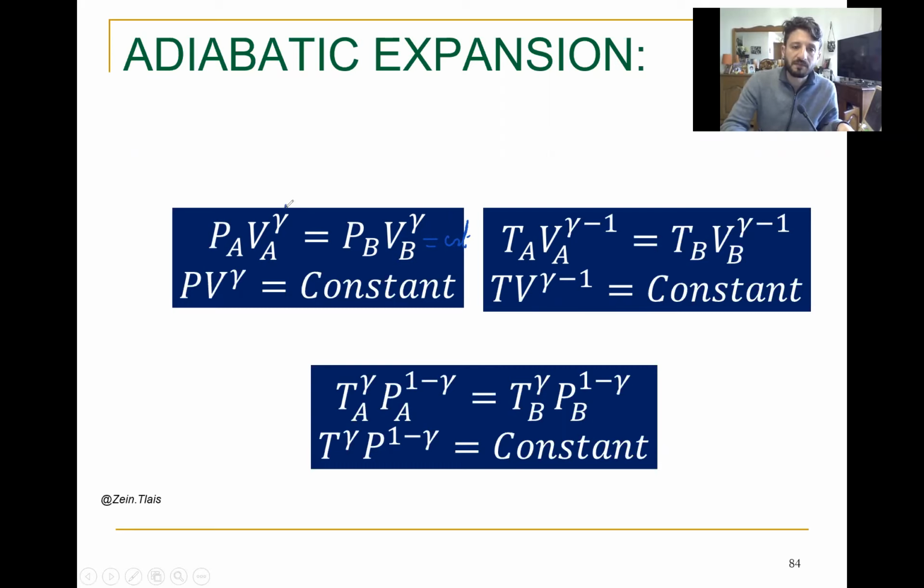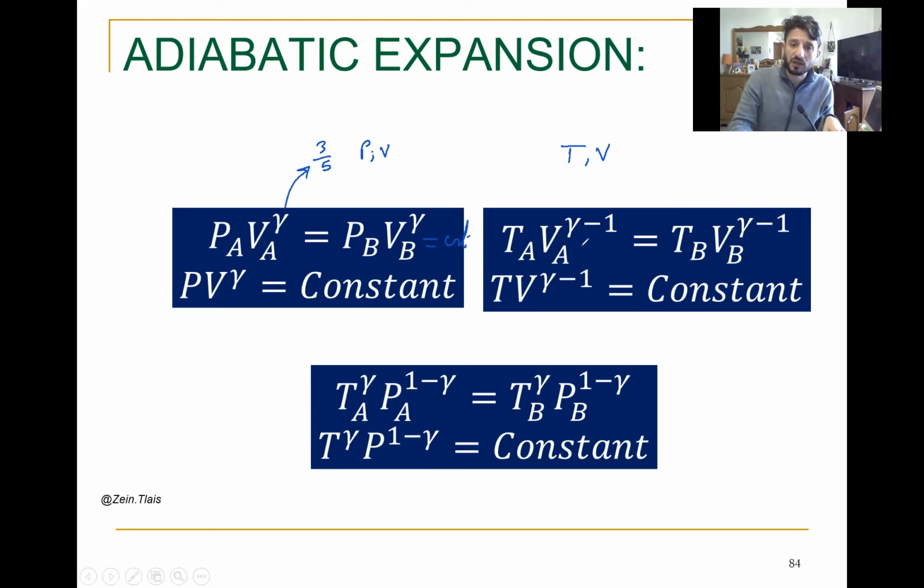You know, gamma in the case of a monatomic gas equals 5 divided by 3. In the case of diatomic, it equals 7 divided by 5. What is the relation between T and V?